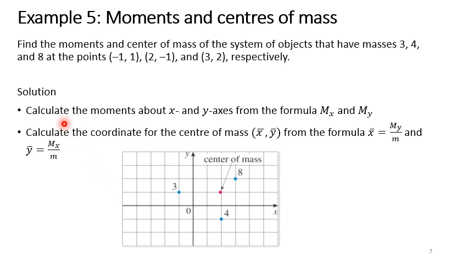Okay, so to find the moments and center of mass, the solution, you first calculate the moments about the x and y axis from the formulas Mx and My, and then you calculate the coordinates for the center of mass from these formulas. Okay, let's do it. Find Mx equals the summation from i equals 1 to i equals n, mi yi.